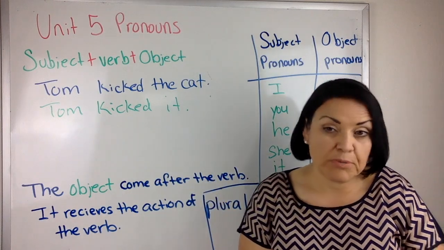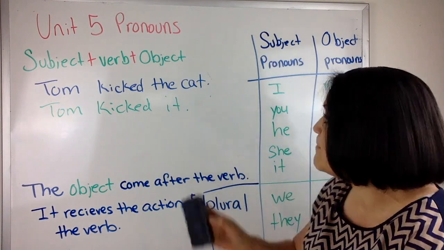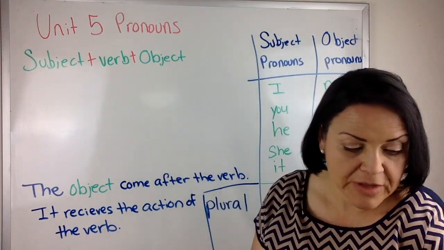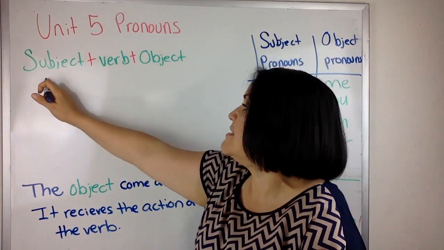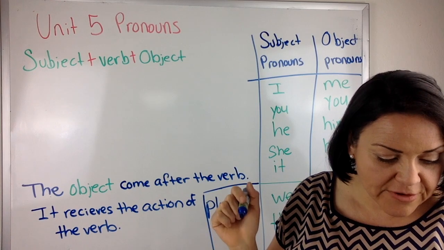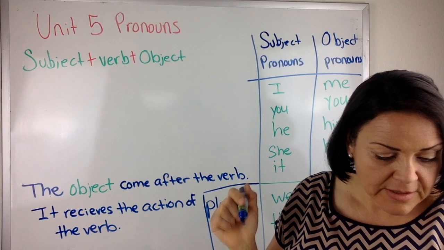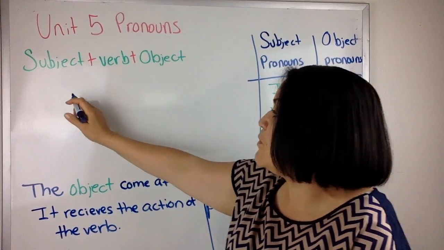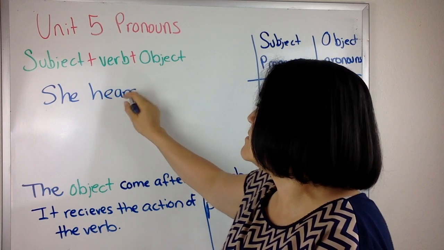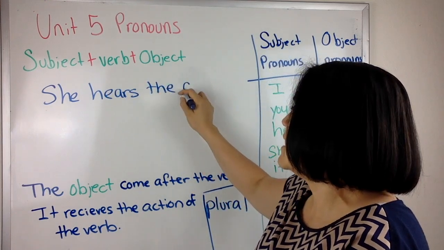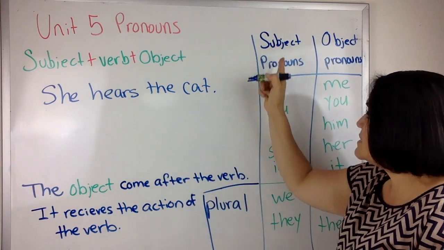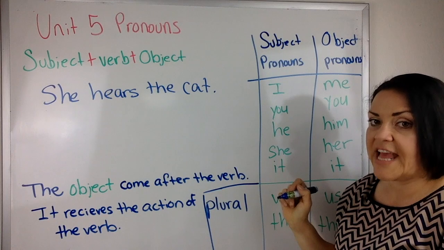So we'll use some of the book examples to practice this. The first one they give is, well, we already went through cats. Let's go a little bit further. Okay. So we can say, she hears the cat, right? She is the subject pronoun.